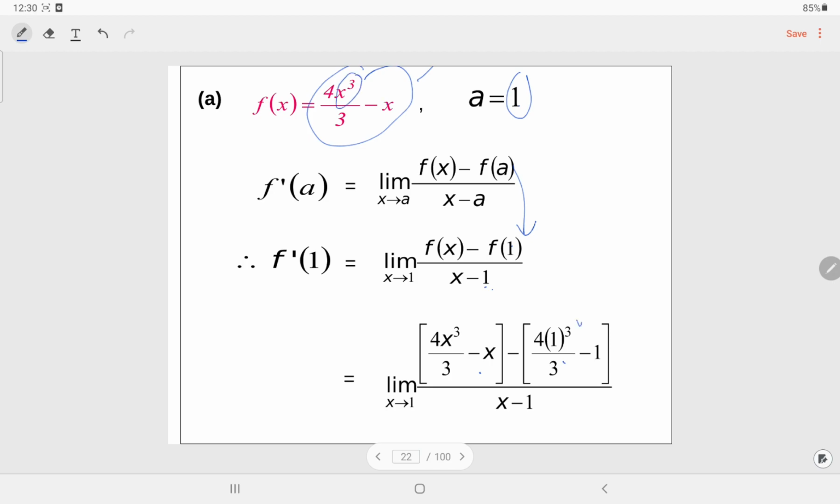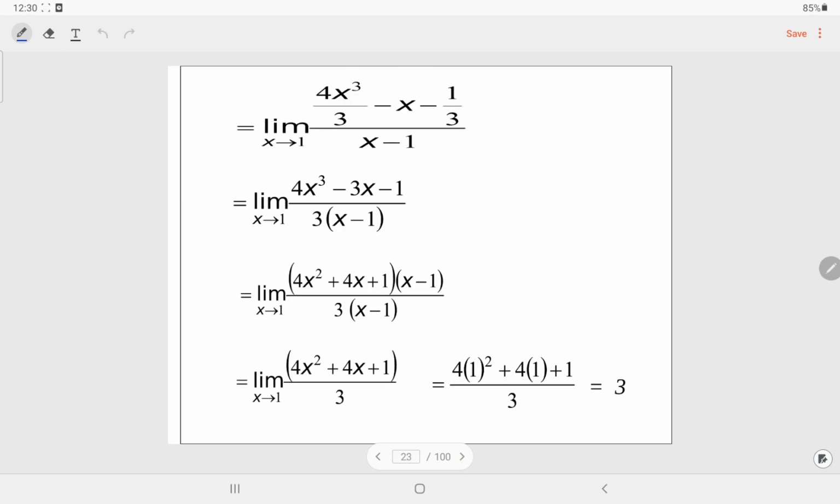You get this one, and after that you solve like this. We can cancel out this one, and since x approaches 1, you need to substitute the value of 1 into x. So we can get the value equal to 3.